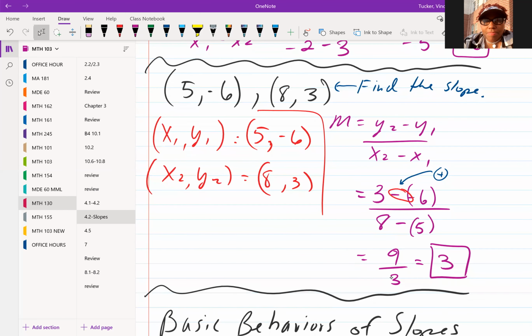For some reason I'm not seeing this well. I don't know why, because I've already done this before. I should know this. Okay, X1. Is it something I need to say? Okay, my X1 is going to be the, okay.